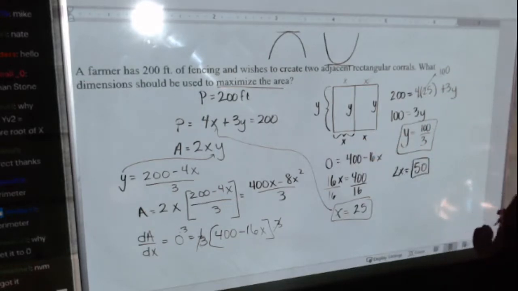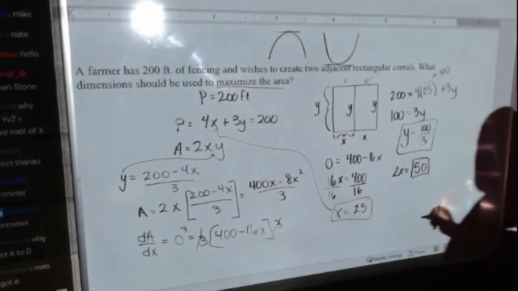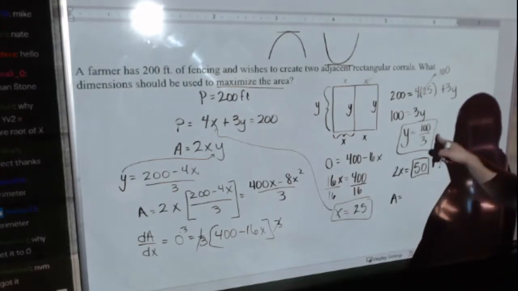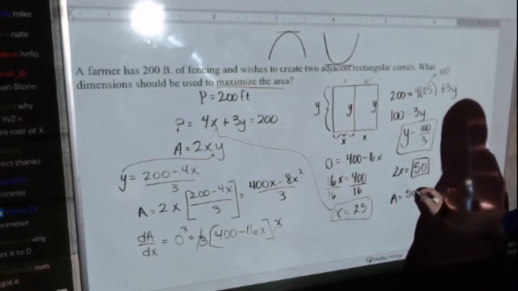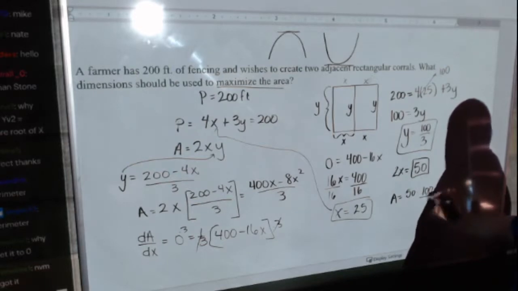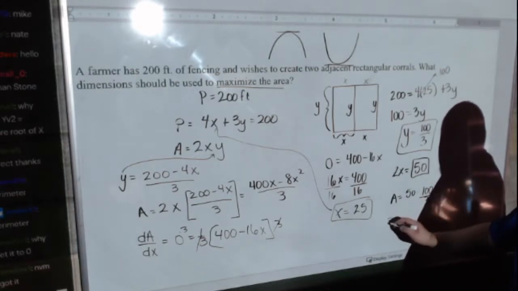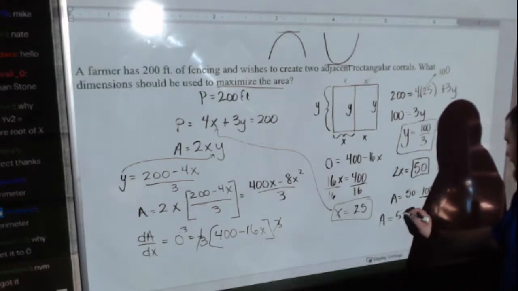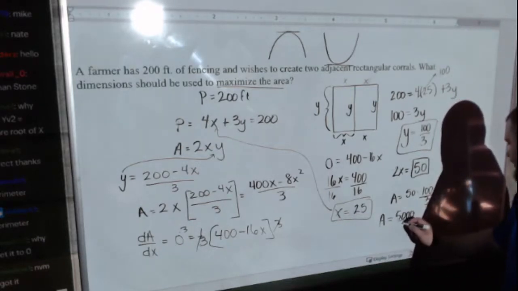Another thing that could be asked is what is the total area? If it asked you that, that's simple. That's just 2x times y, which is 5,000 thirds.